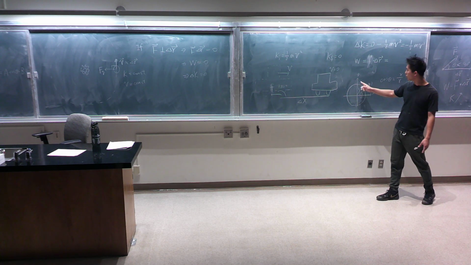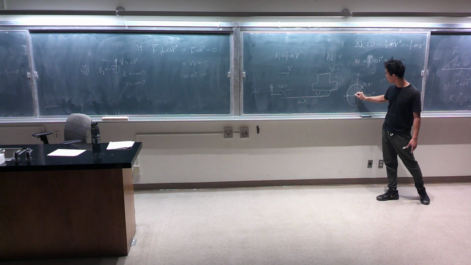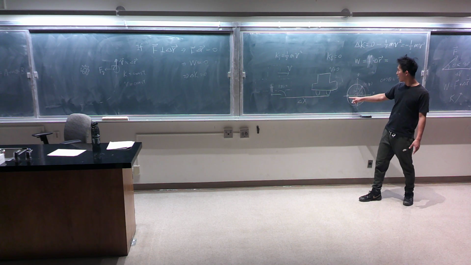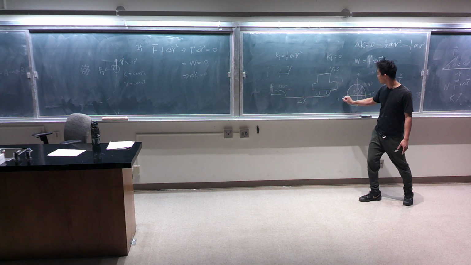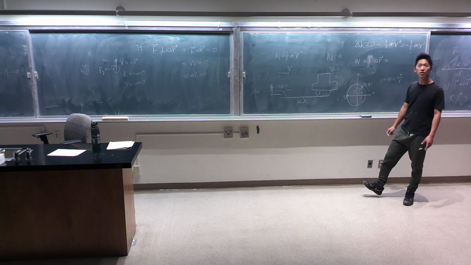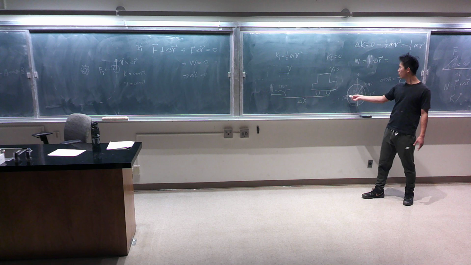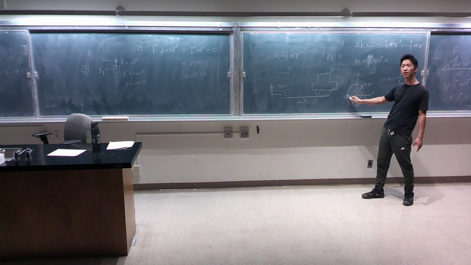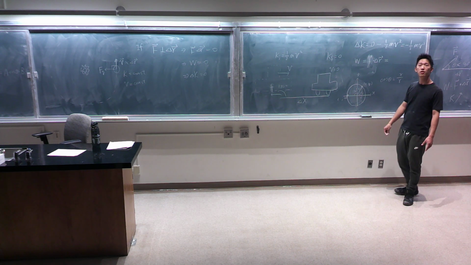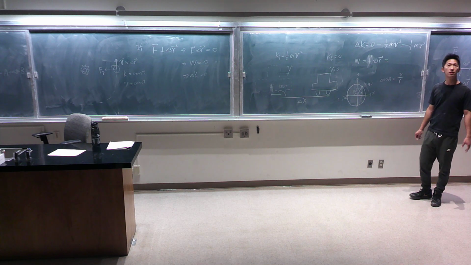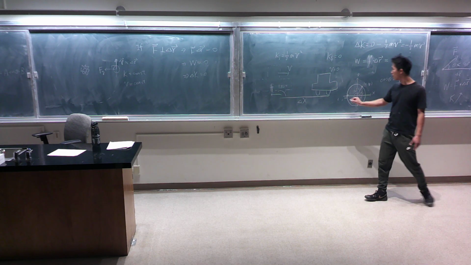So when you go to the other side, which is 180, the x position will be what? What is the x position of this particle here if the radius is r? Negative r. Good, negative r.